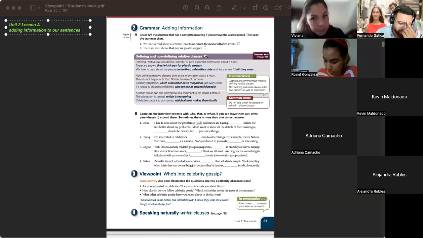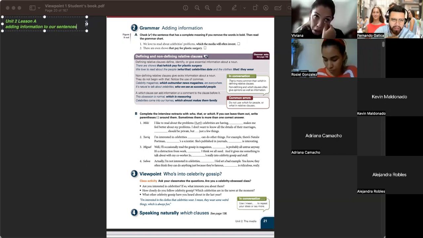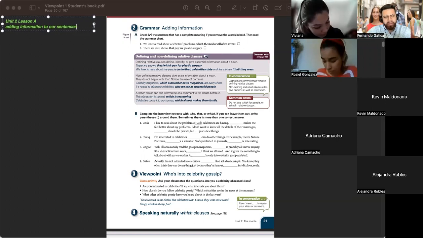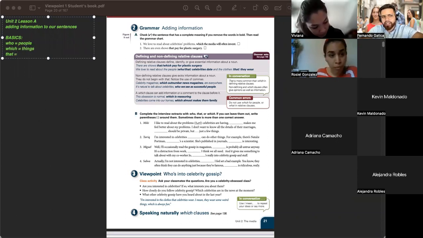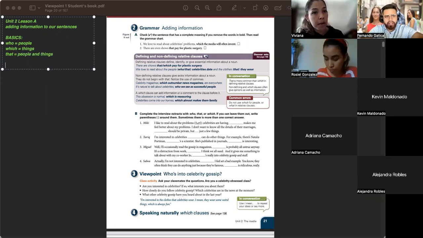And we talked about celebrities, but we can use this for almost anything. Remember the basics. The basics are that we use who for people, we use which for things, and we use that for what? Both. People and things, exactly.